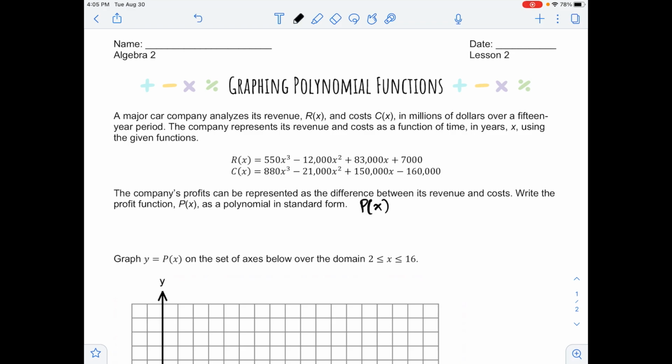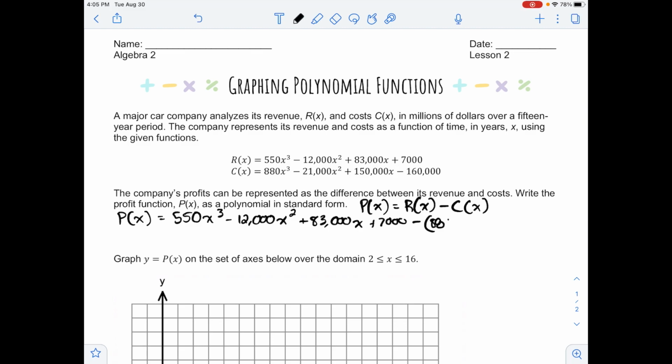revenue minus cost. Okay, so I'll write it over here. 550x to the third minus 12,000x squared plus 83,000x plus 7,000, minus, and I'm going to put in parentheses now so I remember to distribute. I'm probably going to run out of room here.